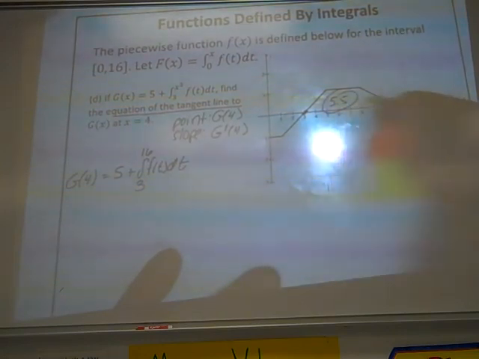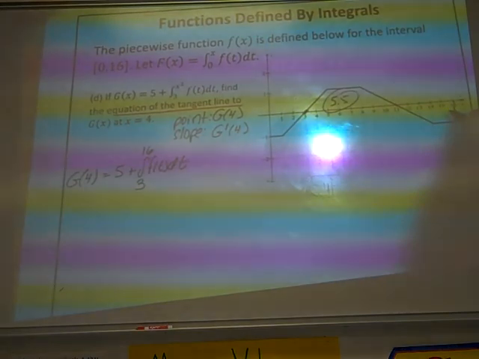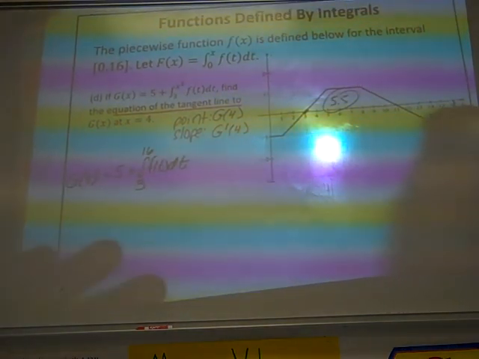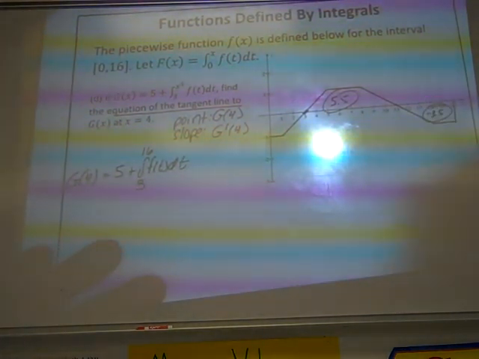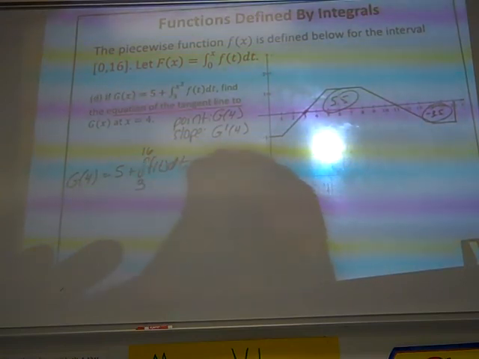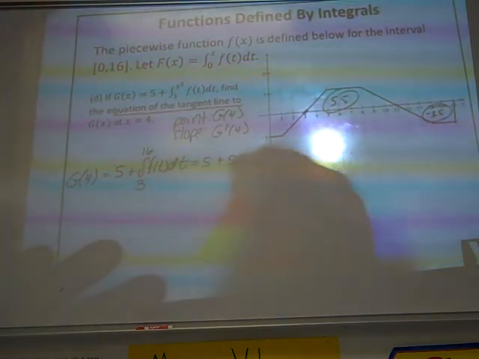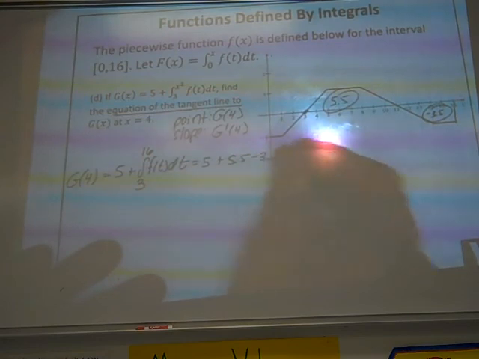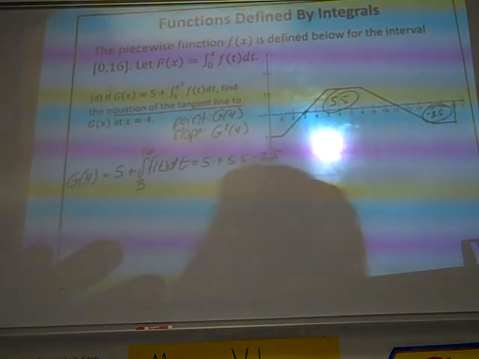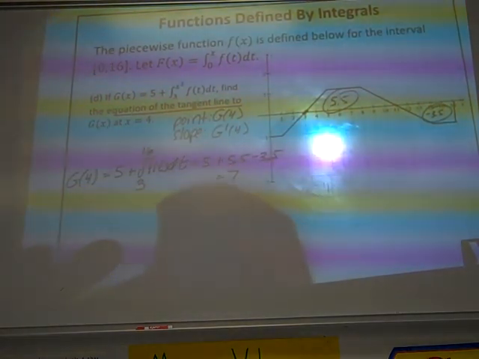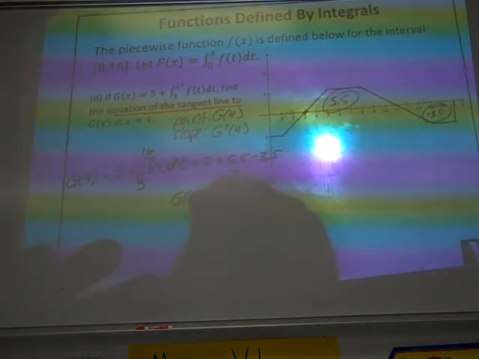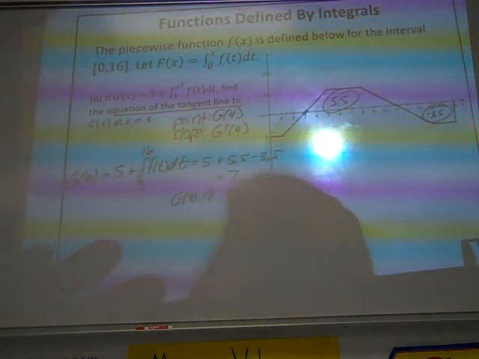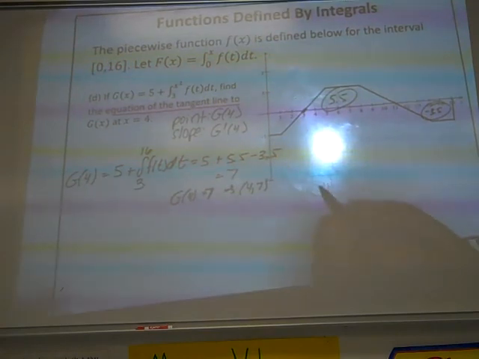You've written it on your paper a couple of times. I think we even determined that this area over here is -3.5. So G of 4 is going to be 5 plus 5.5 minus 3.5. That's 10.5 minus 3.5. We get 7. If G of 4 is equal to 7, that means that I have the point (4, 7).